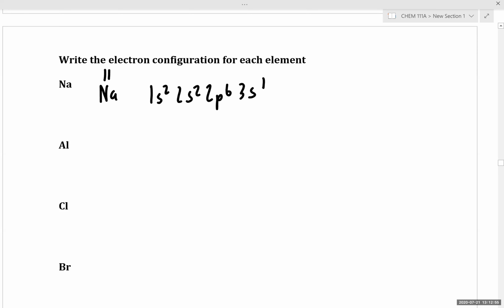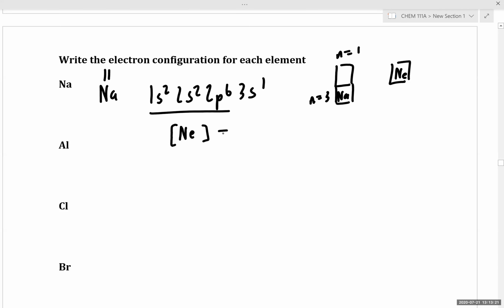If we look at the periodic table for sodium, we notice immediately that the preceding element, the element right before sodium, is neon. So we can abbreviate these inner shell electrons as neon, and we can write our abbreviated configuration as neon 3s1.